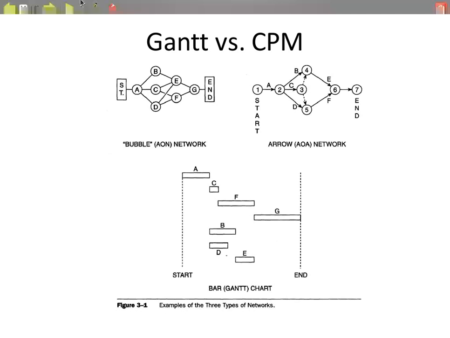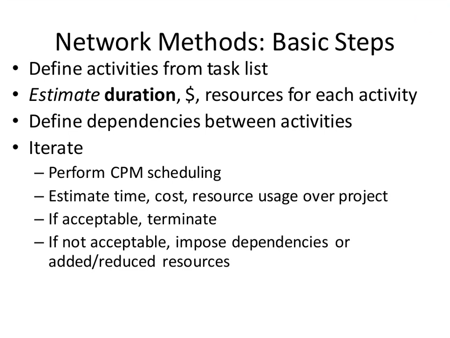The arrows indicate dependencies. By contrast, on the right, the arrows are the tasks, and the nodes indicate sort of momentary instants that are associated with certain dependencies. So we're going to be talking about this form, which within recent decades has become the dominant form.